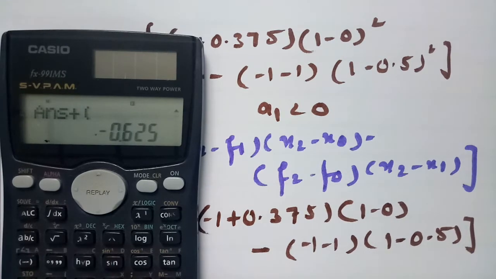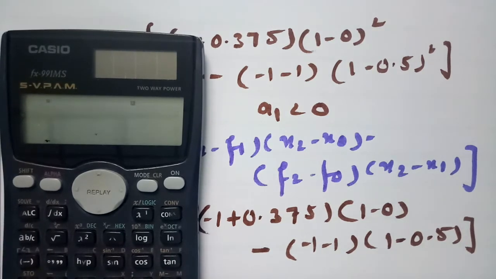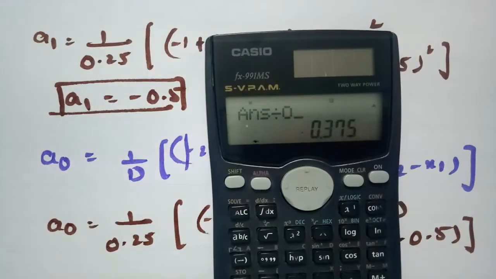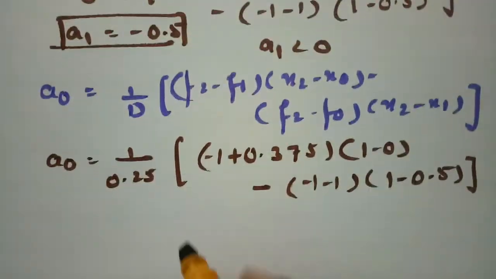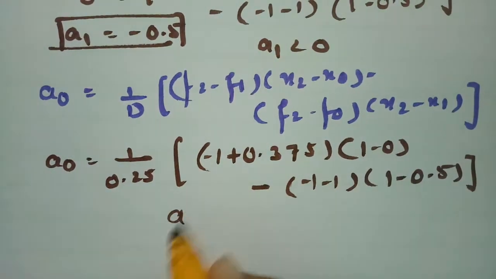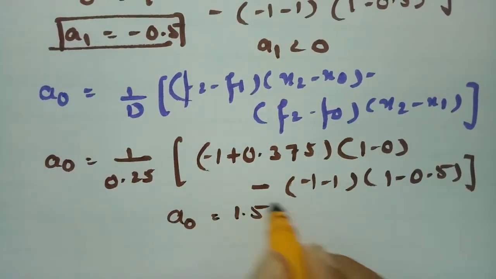Minus into minus is plus, so this is 2 into 0.5 divided by 0.25. The value here is 1.5. So we got the value of A0 as 1.5.